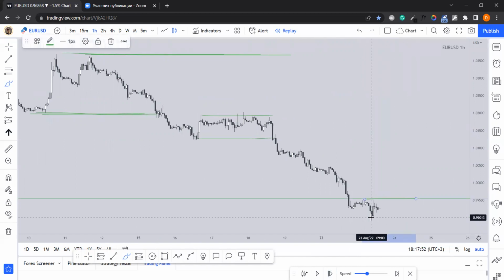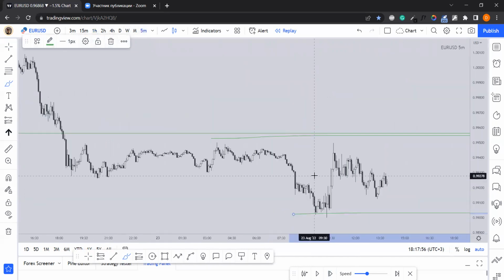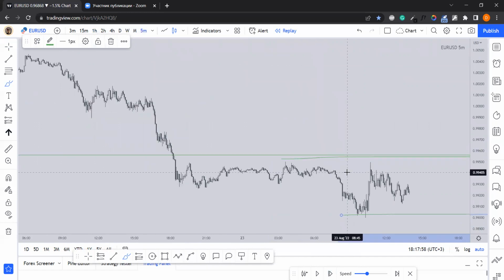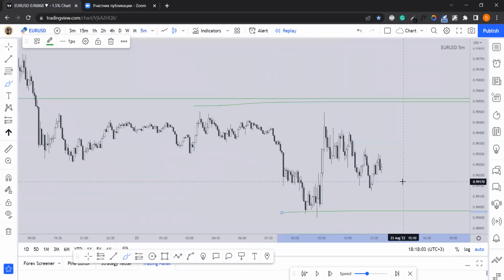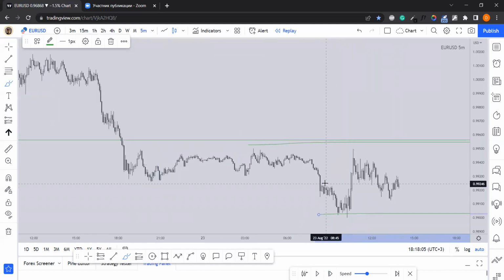So we have bearish 1 hour, and then we go to 5 minutes, and we now have 1 hour bearish, 4 hour bearish, daily bearish, and on 5 minutes we just want to wait for a shift.